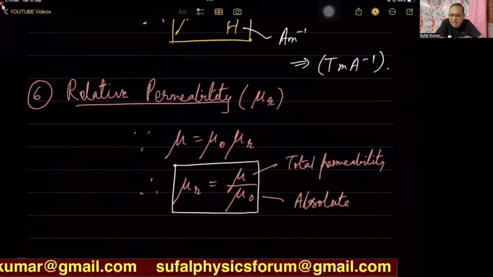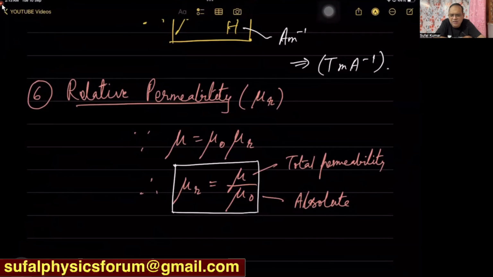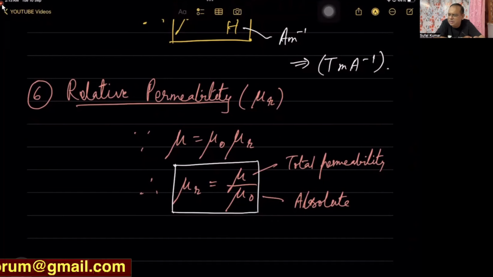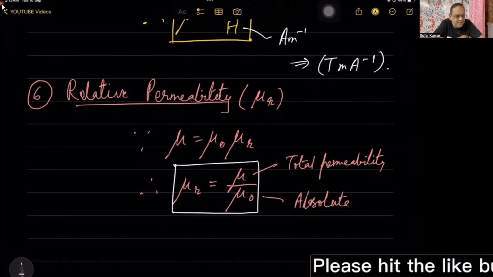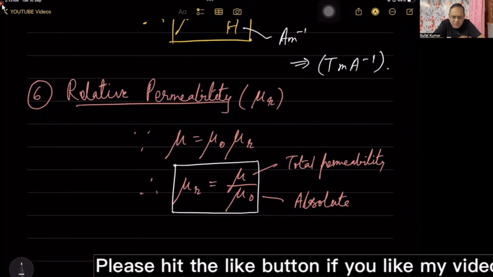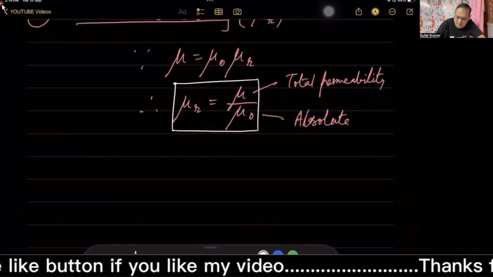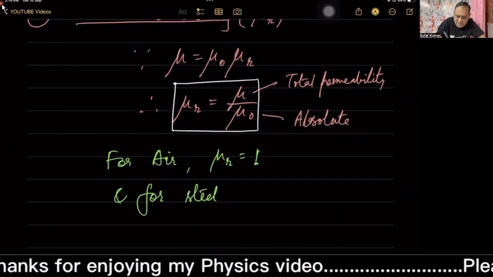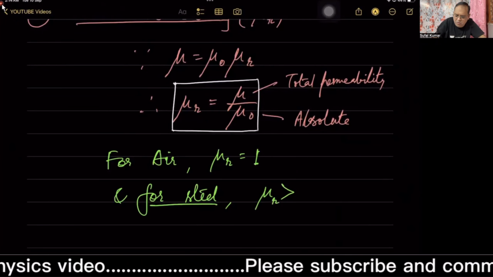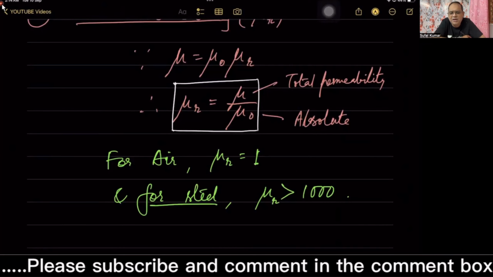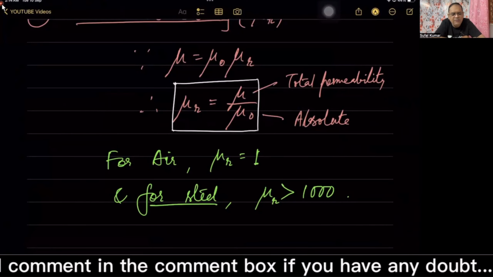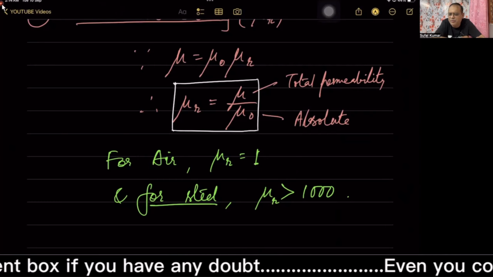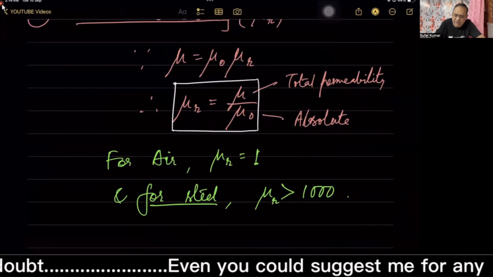So mu r is a dimensionless quantity like dielectric constant, epsilon r or capital K in electrostatics. On the same line, in all magnetic chapters we have mu r, and for air mu r is 1, and for steel mu r is more than 1000. Strong ferromagnetic substances will have in the order of 1000, 4000, 5000, this way.